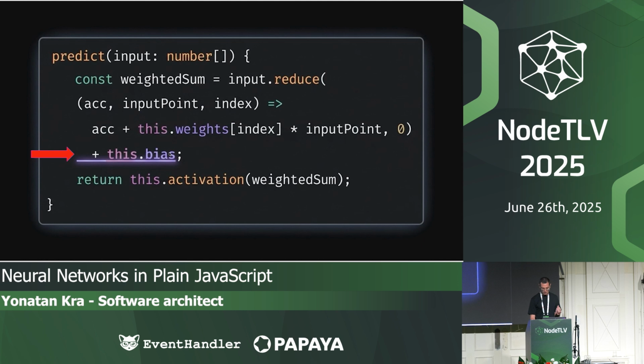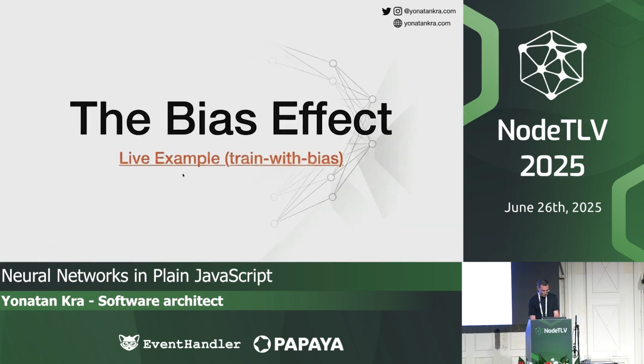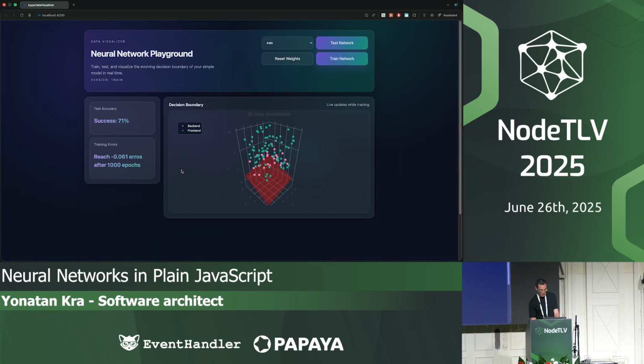As simple as that. And of course, we also need to update it in the learn function. It's a weight just like any other, and we update it according to the error, and it just adds more power.